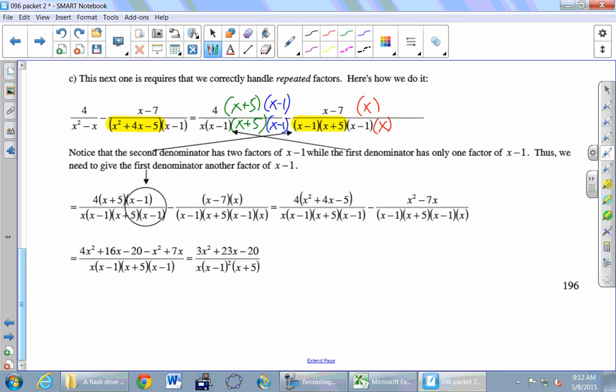And that means, just like before, we need to introduce parentheses, even though they didn't have to be there before. And I'm going to stop this problem there because the rest of it is the same. The only piece I wanted to highlight here was how do you handle when it's repeated factors? Well, you just give the repeated factors. Any questions on that one?